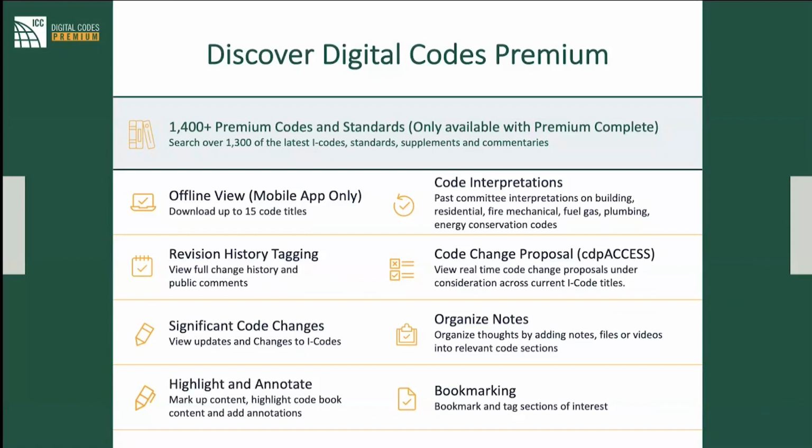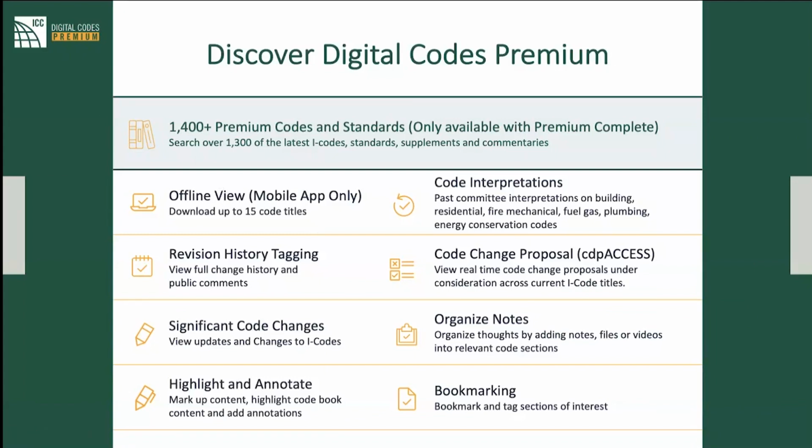And on this slide here, showing some of the features that are on the Digital Codes Premium when you subscribe and have a license. And we'll go through each of these, and I'll give an example of them. But on the Digital Codes Premium Complete package, you can see that we have 1,400 codes and standards titles on there.